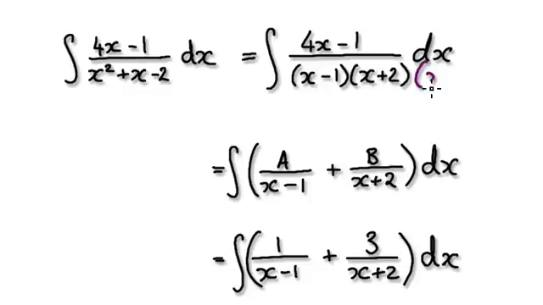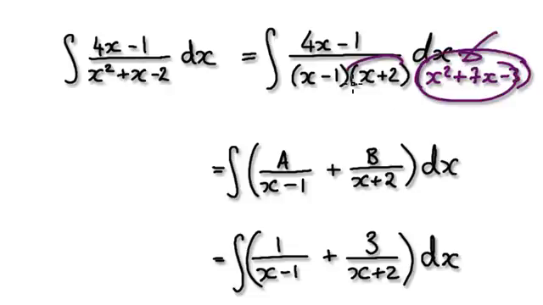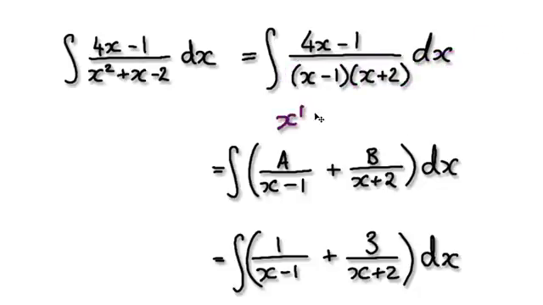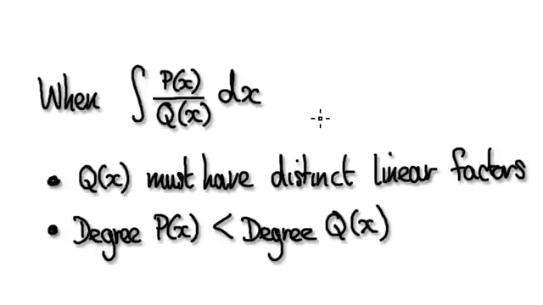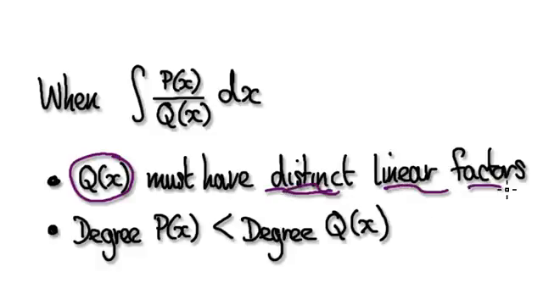So you can't have x squared plus 7x minus 3, say, as a factor. This is not a linear factor. This is a linear factor. This is a linear factor. When x is to the power of 1, it is a linear factor. So in order for our method to work, Q of x must have distinct linear factors.